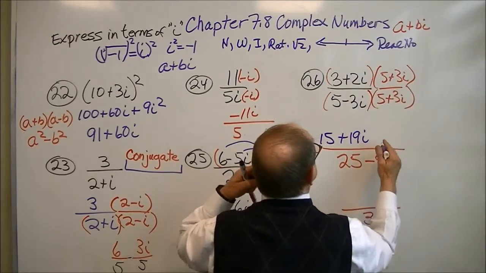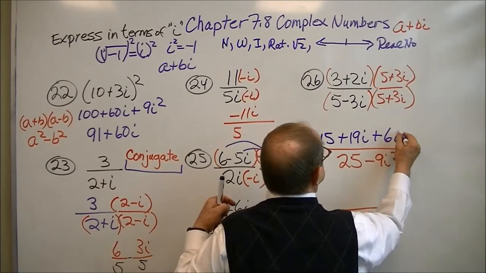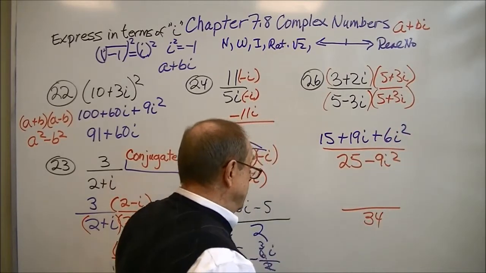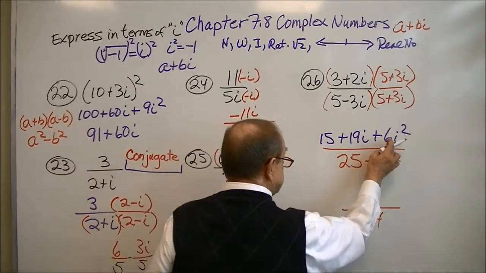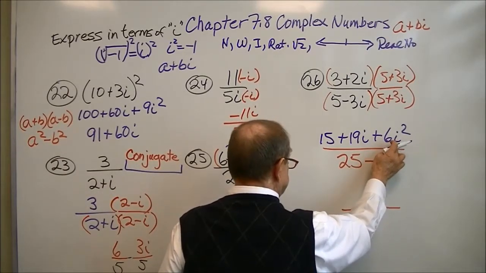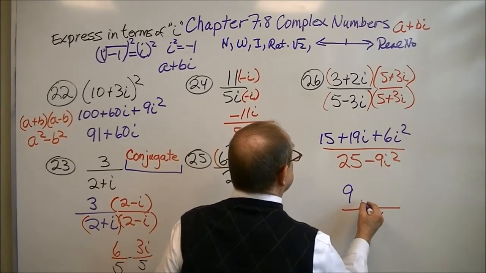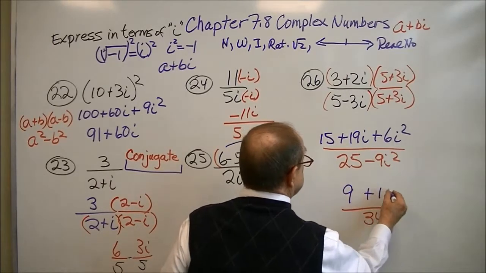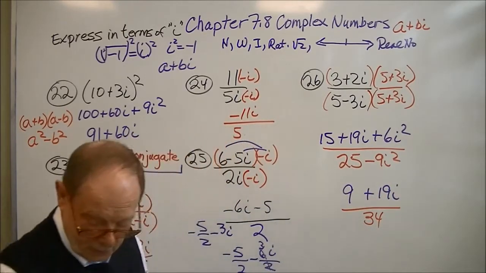And our last term is a positive 6i squared. But we know that i squared is a negative 1. So this becomes a negative 6, so this will be then 9 plus 19i over 34.